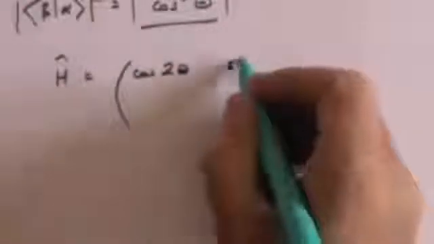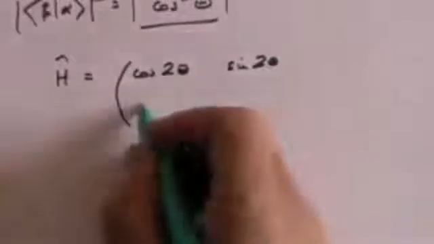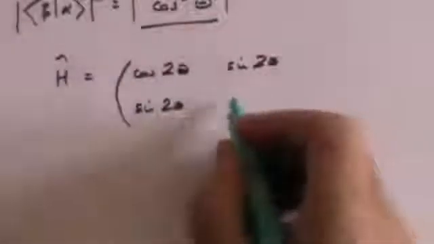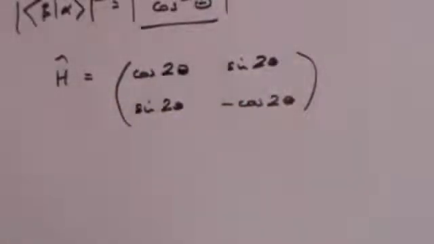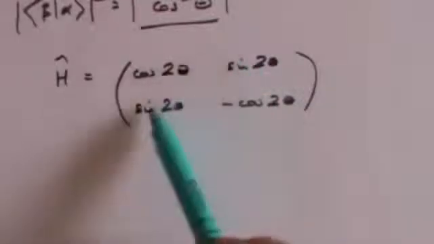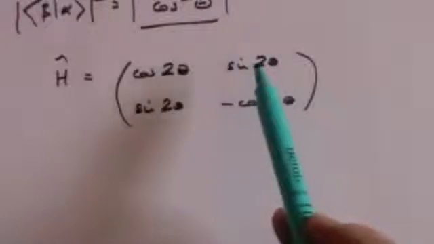The Hermitian operator is going to be cosine of 2 theta, sine of 2 theta, and sine of 2 theta, minus cosine of 2 theta. I can't derive that for you, I'm just going to assert it. You will, however, see that it is Hermitian. There is no imaginary term in it, but these two are the same, which is what they would need to be if, when you reverse them, they remain the same.